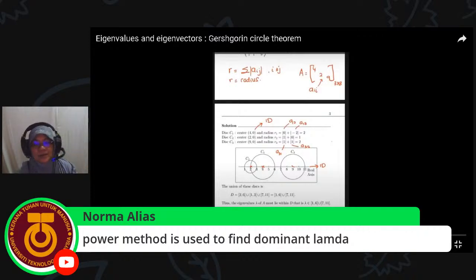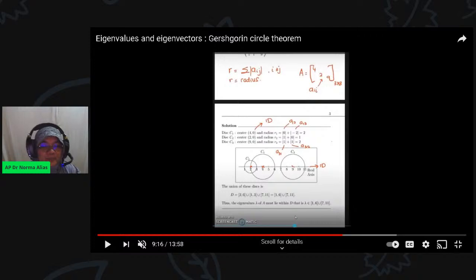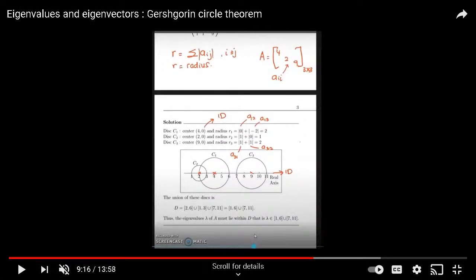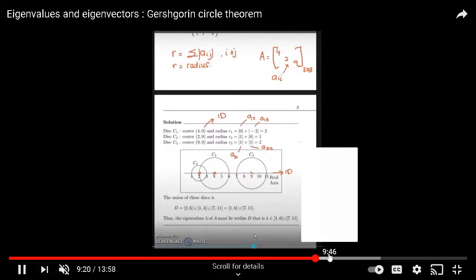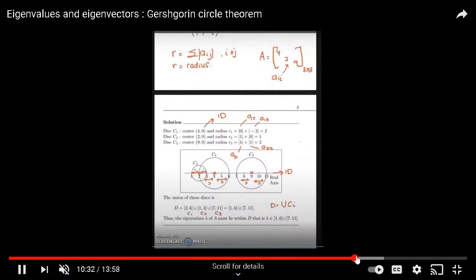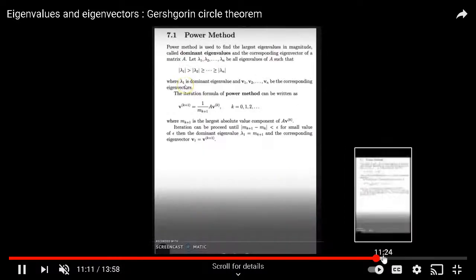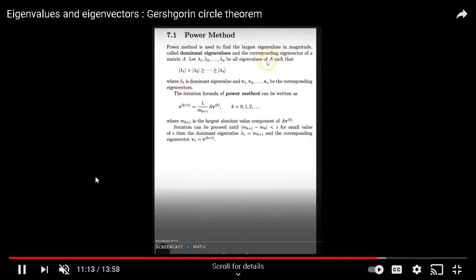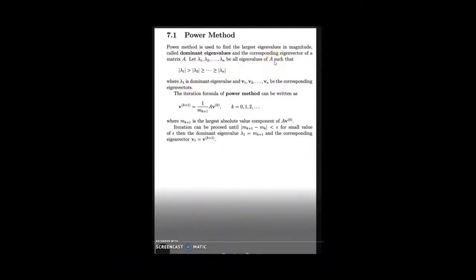So now let's refocus on how to find the lambda. That's a question we can answer. After knowing the circles, where the location of the eigenvalue is, we use the power method.